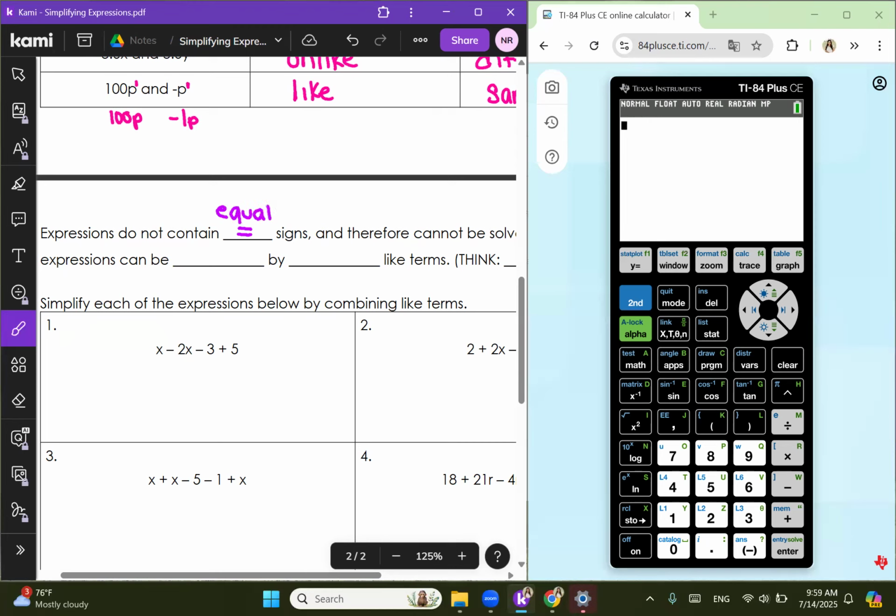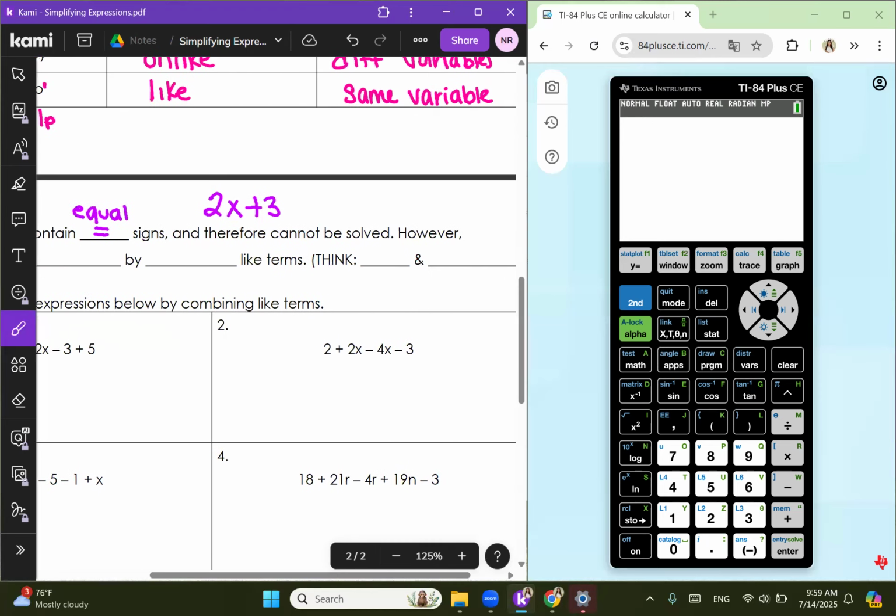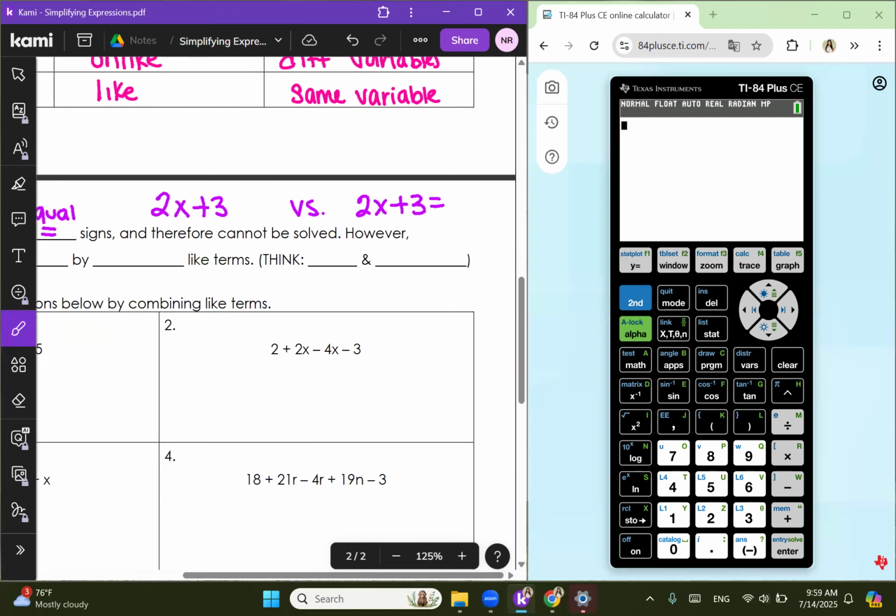Okay? An expression would be like 2x plus 3, and an equation would be like 2x plus 3 equals 9. Okay. One of them is only going to get as small as 2x plus 3.